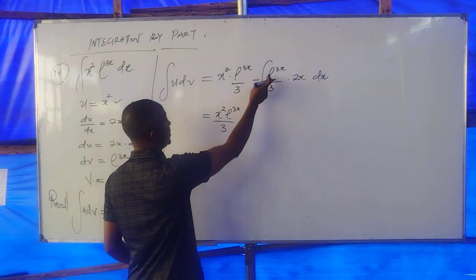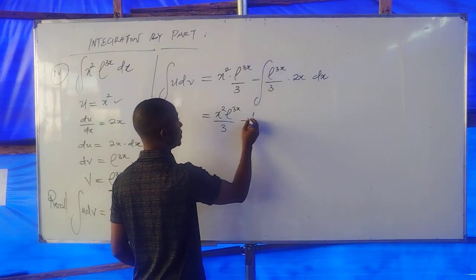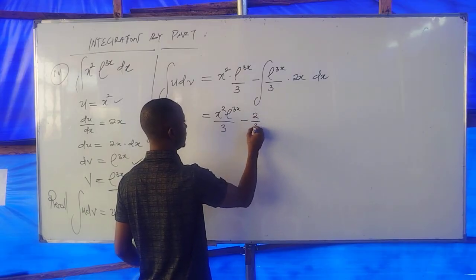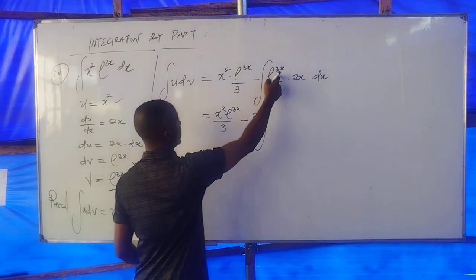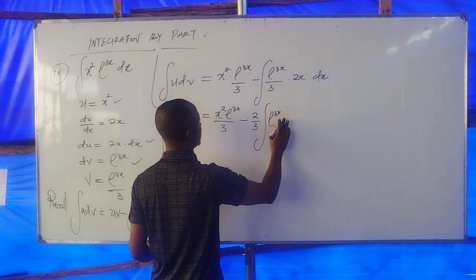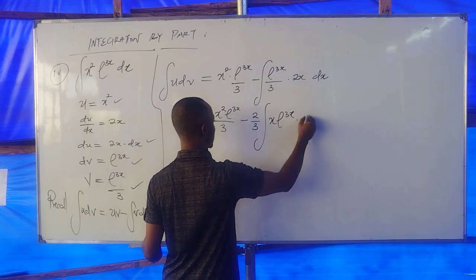Minus, I can bring out my fraction. What's the fraction here? 2 over 3, thank you. 2 over 3, integral of what do you have remaining? x exponential 3x dx.